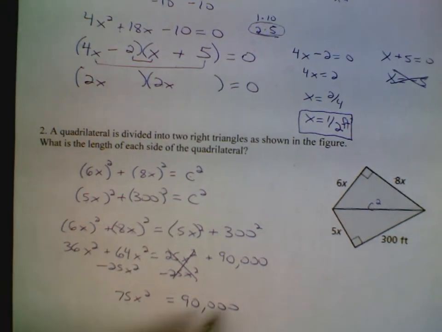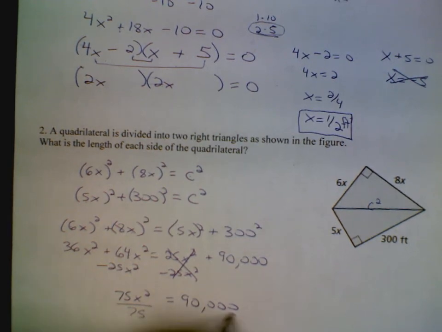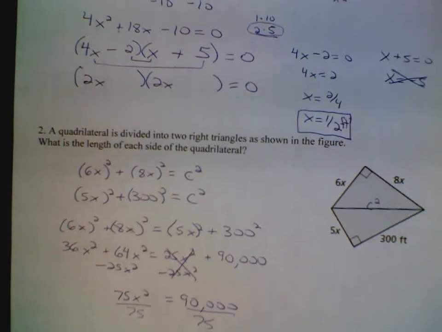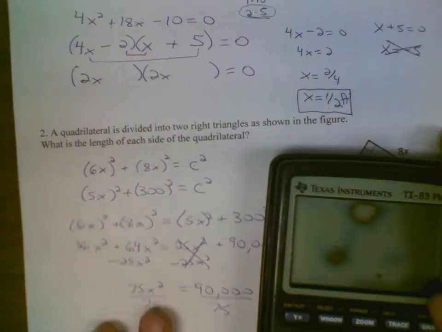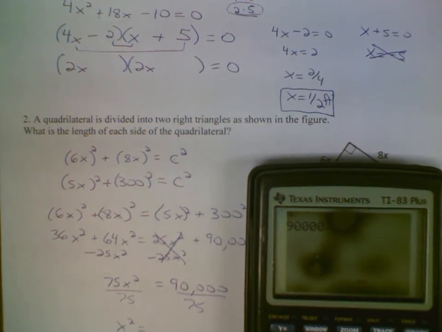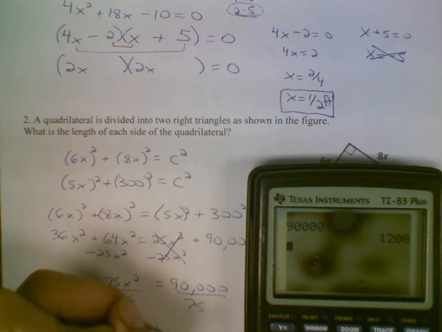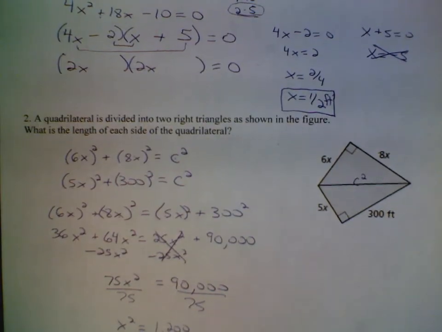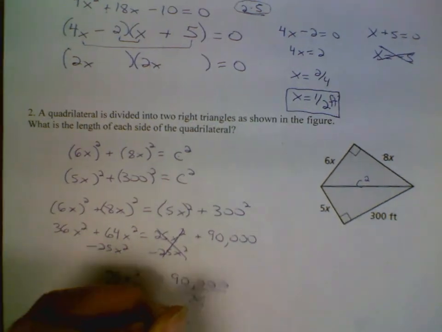To solve this, I want to get x squared by itself, so I'm going to divide by 75. Using my calculator, 90,000 divided by 75 gives me 1,200. My last step is to take the square root of both sides.